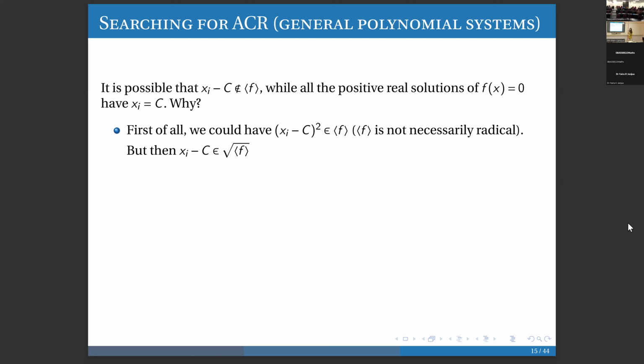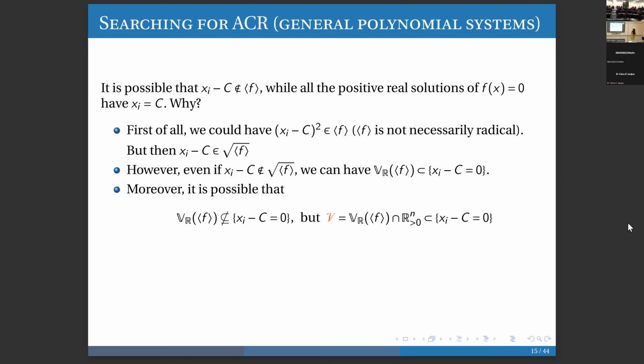So if, instead of the ideal generated by f, we consider the radical, then we would get rid of this problem. But there would still be the problem that we're only looking at real solutions, and not all complex solutions need to necessarily satisfy all the equations that real solutions do. So that is a problem.